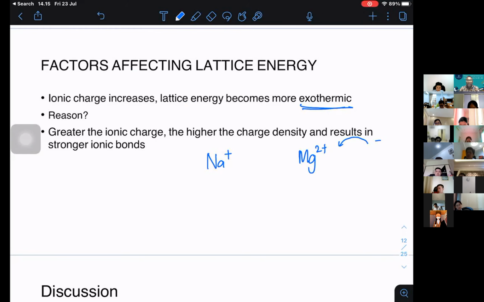The greater the ionic charge, what is charge density? Charge divided by volume. You have more charge, so higher charge density, and it will result in a stronger ionic bond. The bond between positive and negative will be stronger, and when it is stronger, you have more exothermic. So that is about the factors affecting lattice energy.